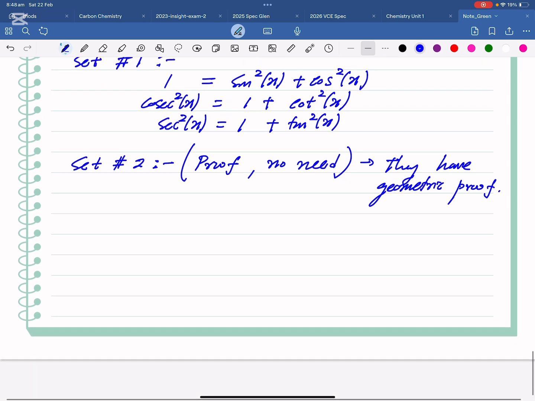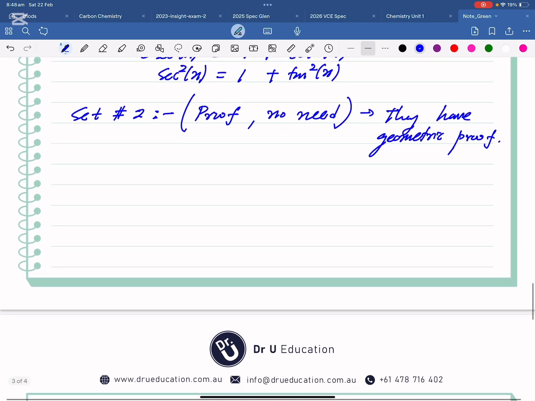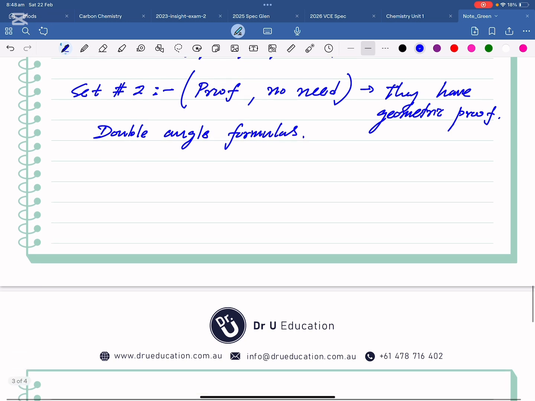Now, this set number 2 is called double angle formulas. This is so simple. We have to know this.